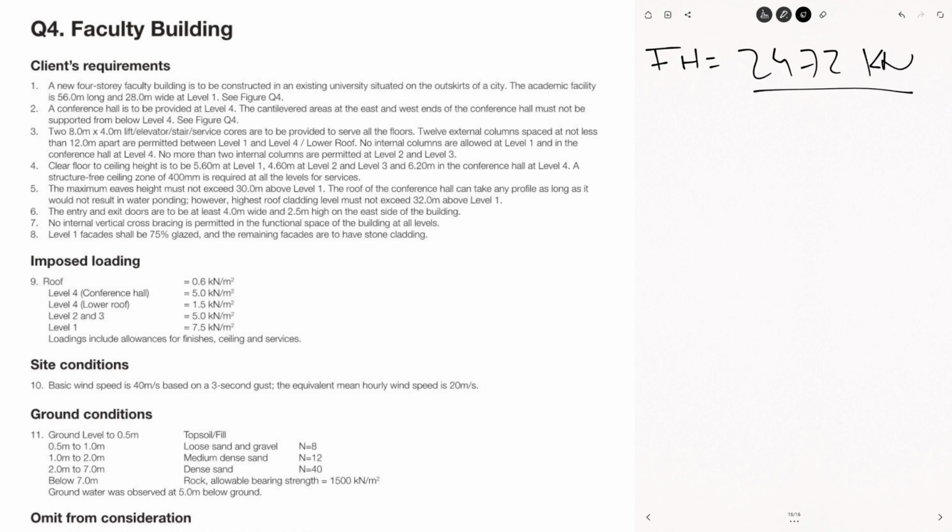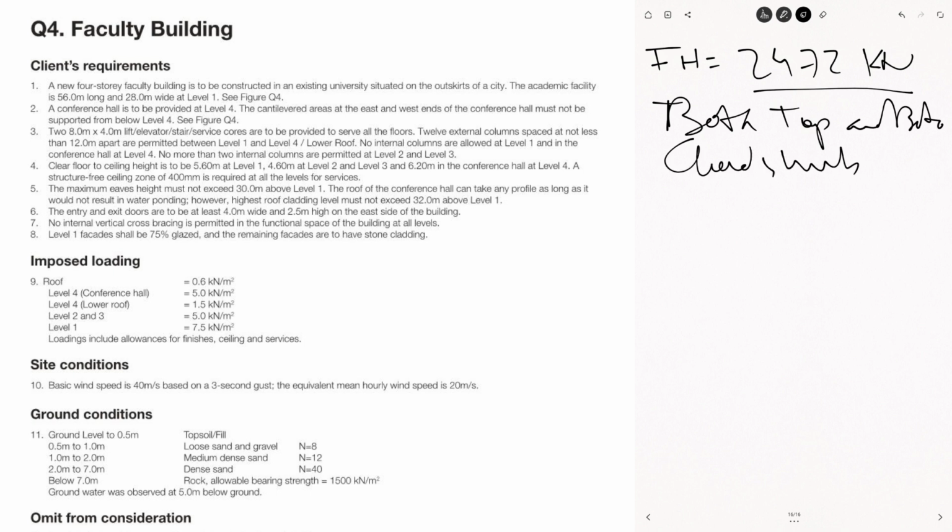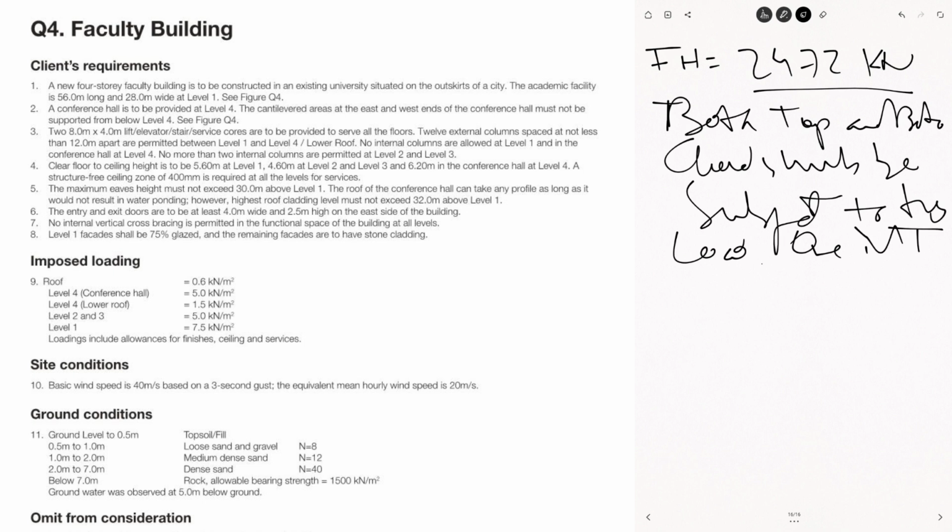and then we write both top and bottom chords will be subject to this load, one in tension and the other one in compression.